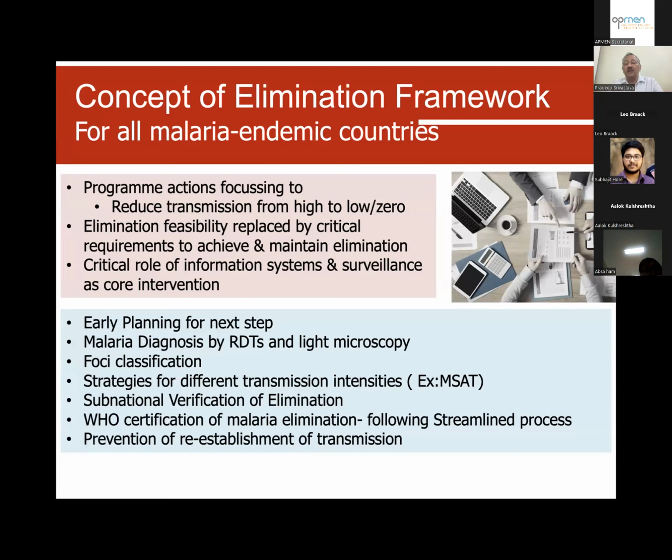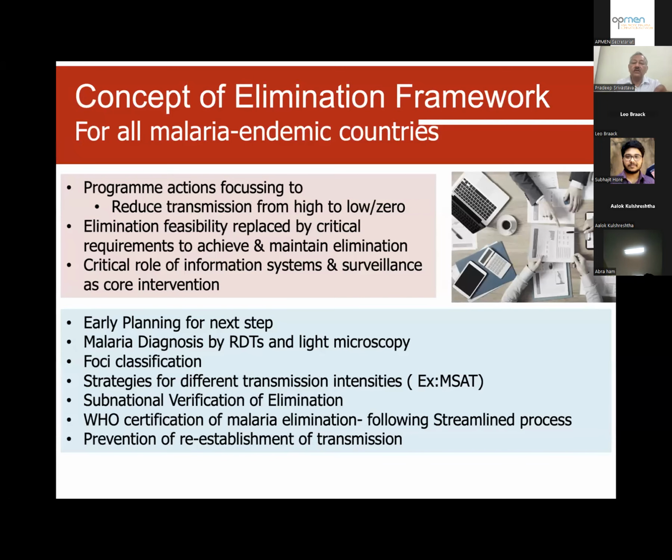Earlier, we were having control. We were all focusing across the country or across the area that we have to control, bring down and maintain at a certain level. Now we have to bring it further down, so that it reaches below 1 per 1,000 population, and then finally zero indigenous transmission. That is the basic framework.